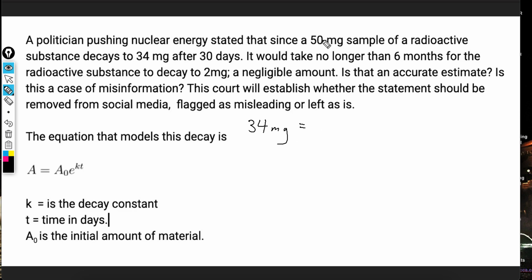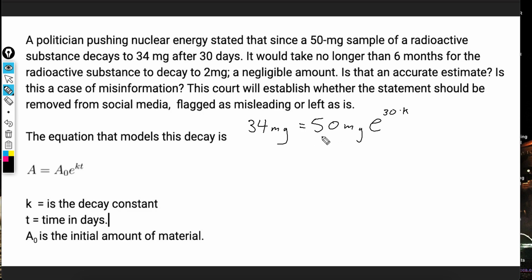Equal to 50, this would be our initial 50 milligrams of our sample, times e to the 30, because 30 days, times K. We don't know what K is. I'll put a little dot for times. Not 30K as in 30,000, just 30 times K.